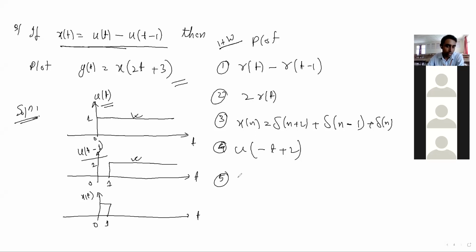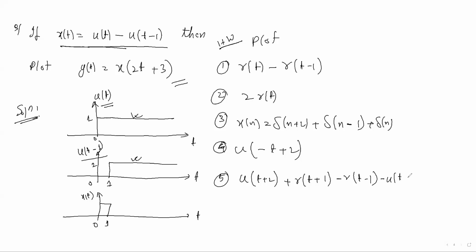Number five, let me give: t plus 2, plus r(t plus 1), minus r(t minus 1), minus u(t minus 1). You try to solve this.